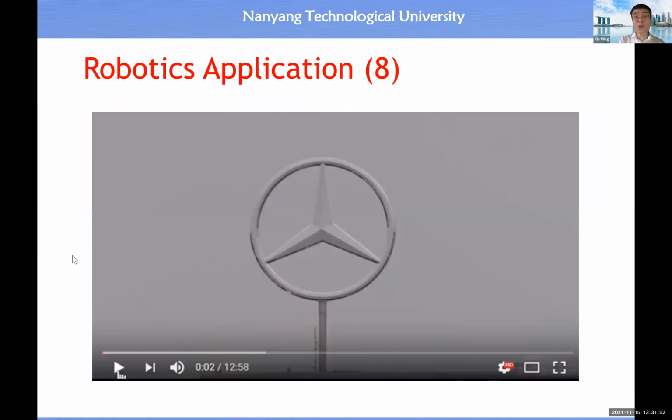This video shows you a typical scenario of robot integrated manufacturing. I believe this will be the future trend in manufacturing, and this may be the scenario of Industry 5.0. Today we may have heard of Industry 4.0. Then people may ask this question: what will be the scenario of Industry 5.0? I believe this video shows you the answer.